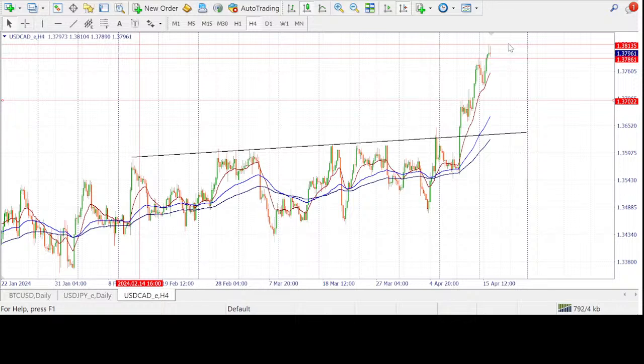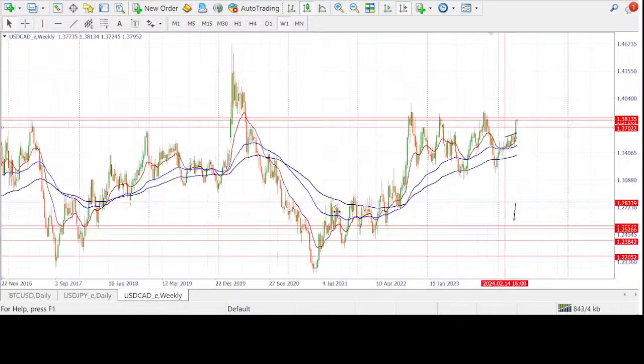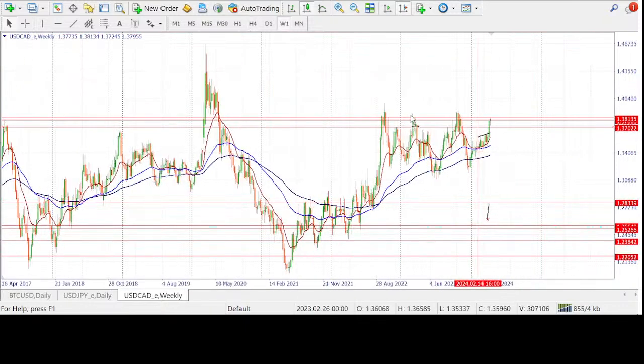If the price can ascend and close above this line, then we are going to wait for a retracement back towards the same level to mean that the price is continuing to the upper side. So we'll have our target fixed at this price here.